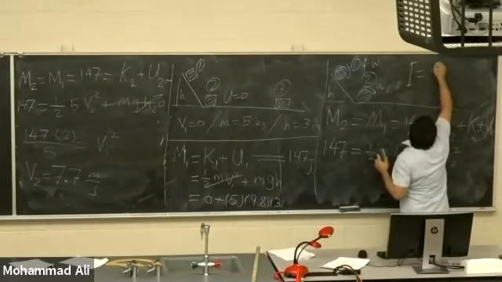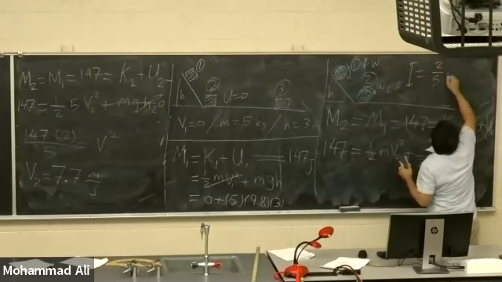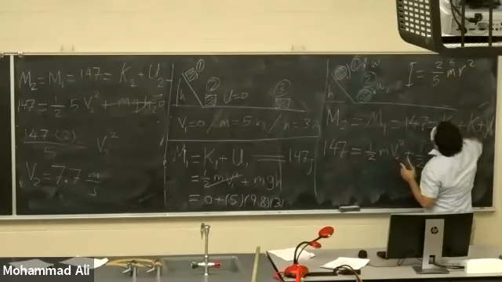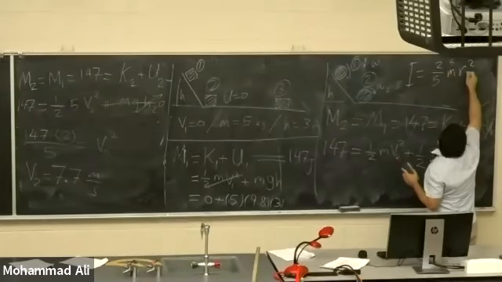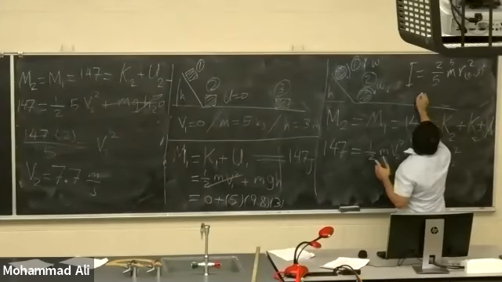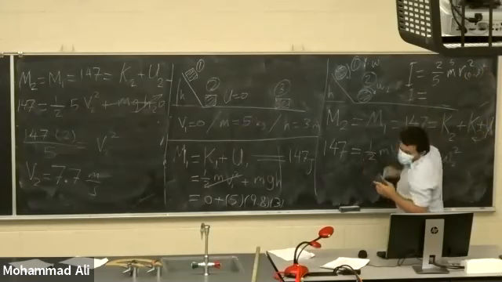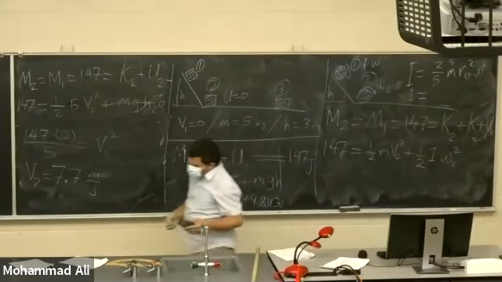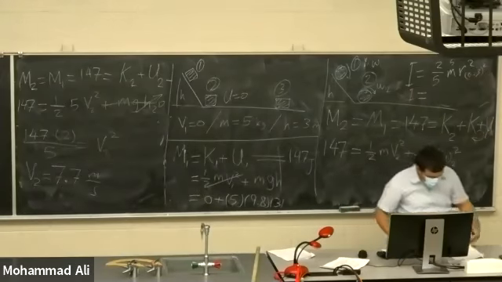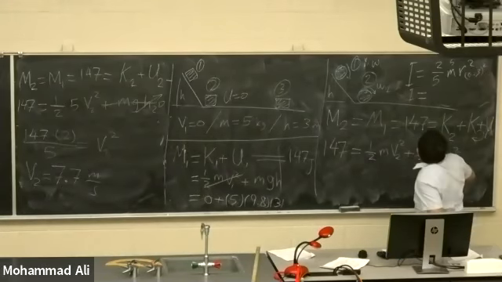It is, I think, 2/5 m r squared. M is 5. R squared is 3 squared. So I will be equal to 0.18.